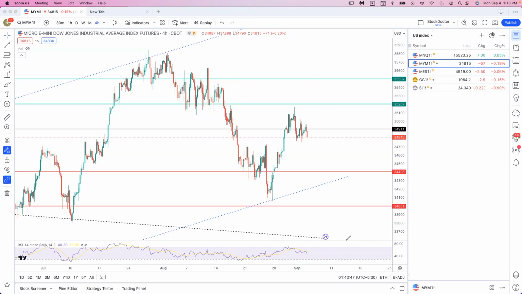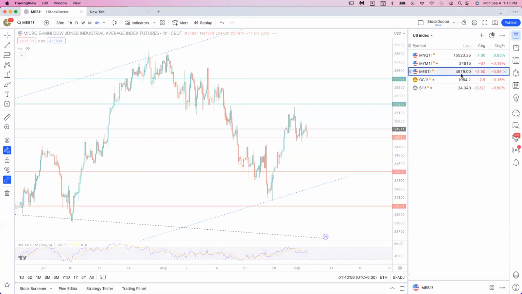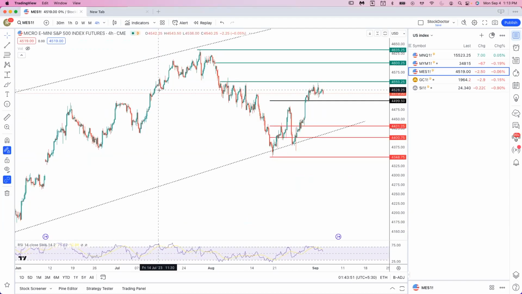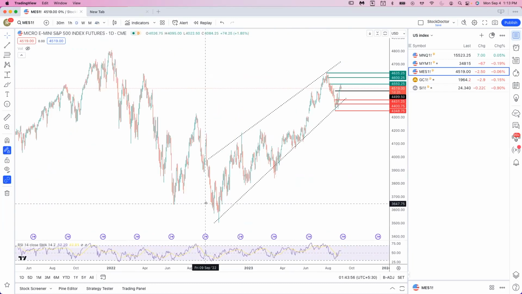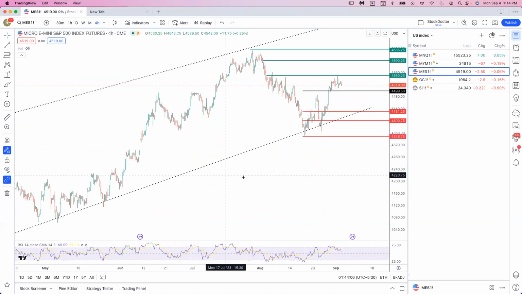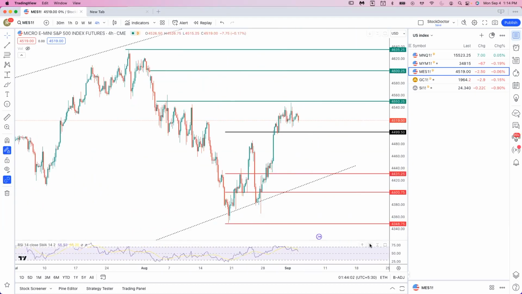Now let's talk about S&P 500. For S&P 500, if we see, it is trading in this zone, and if we convert it into 4-hourly chart, the level shows us that S&P 500 has a support at 4500.